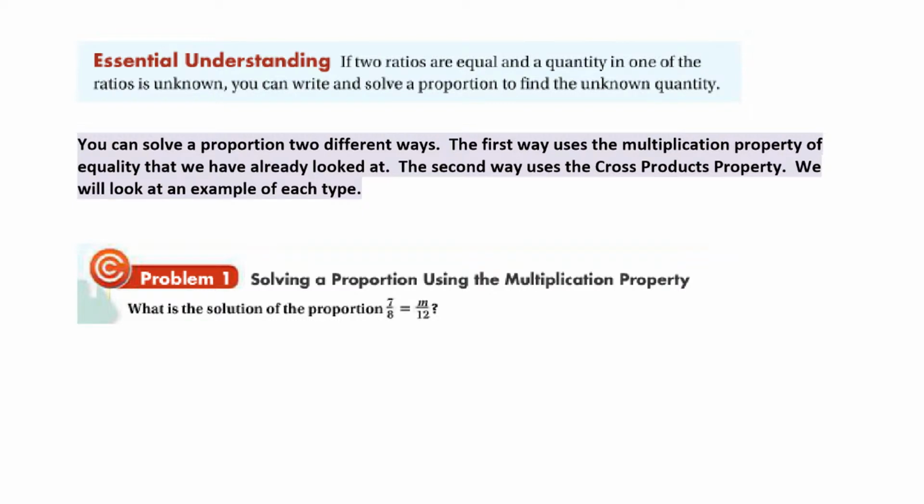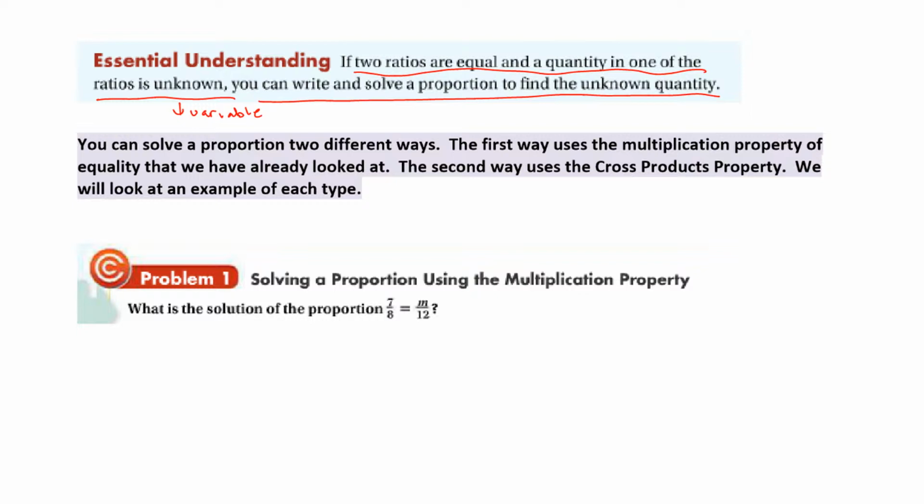If two ratios are equal and a quantity in one of the ratios is unknown, we can write and solve a proportion to find that unknown quantity. And that unknown that we're talking about is a variable.